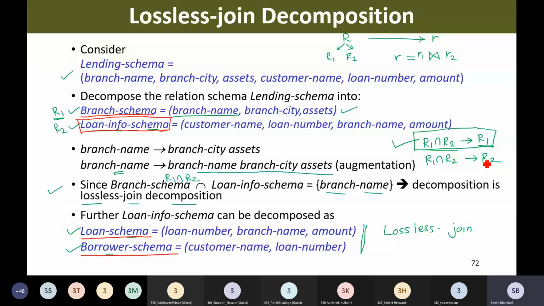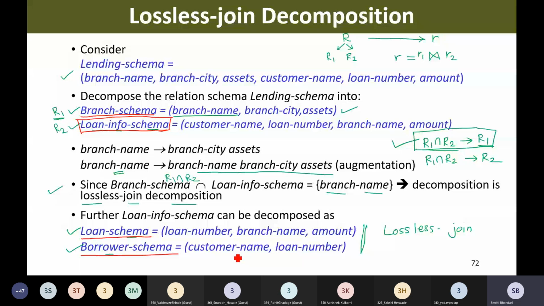Loan number. So you need to prove now that loan number is the super key for loan schema, or loan number is the super key for borrower schema. Either this loan number should be the super key of loan schema, or it should be the super key of borrower schema.